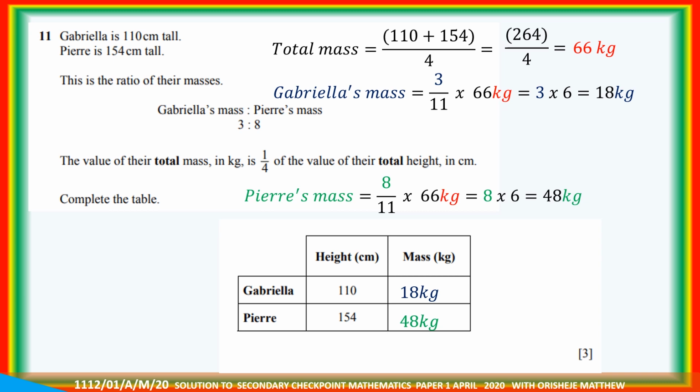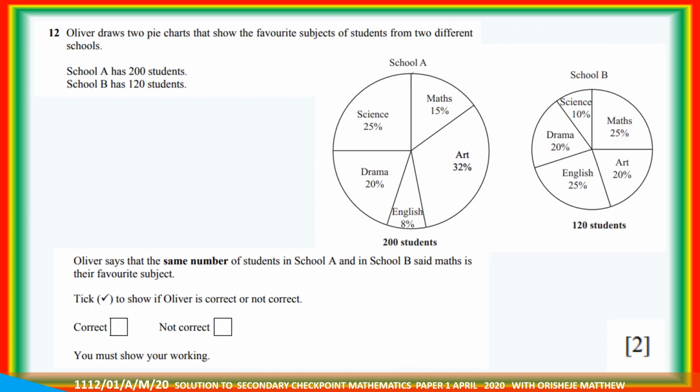All right, let's go to question 12. This has to do with statistics, pie chart. Oliver drew 2 pie charts that show the favorite subject of students from 2 different schools. School A has 200 students, while school B has 120 students.